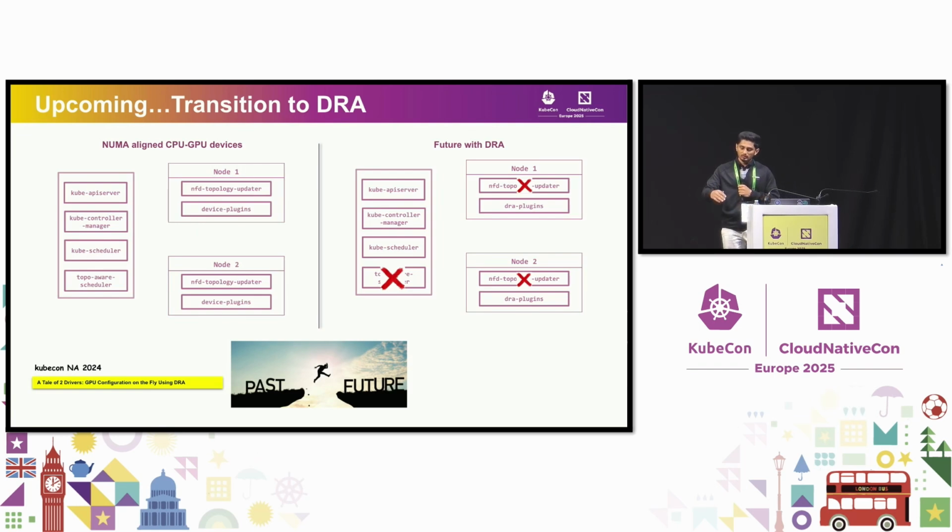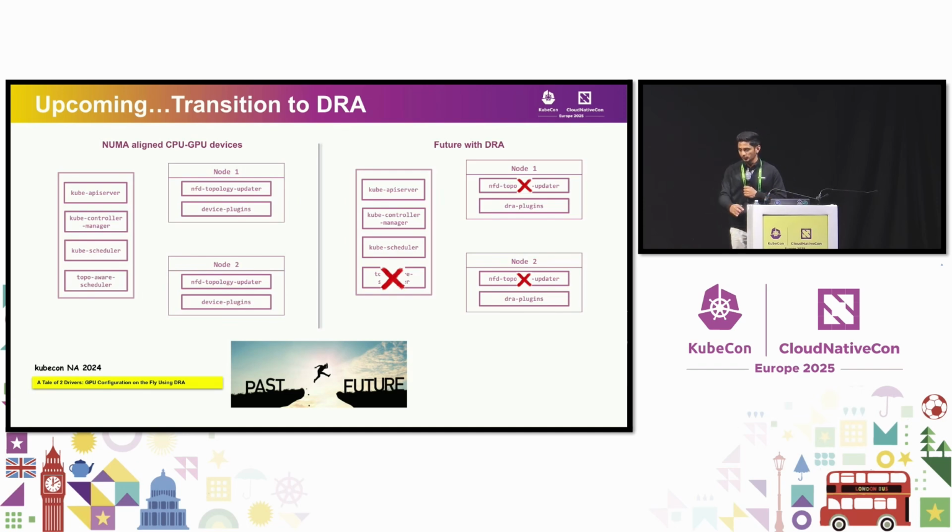On the worker nodes, we have device plugins that do the GPU allocations, but along with that, we have an NFD topology updater. This actually feeds the NUMA topology information into the control plane, which is then acted upon by a topo-aware scheduler. So this is the stack on the left that we have now.